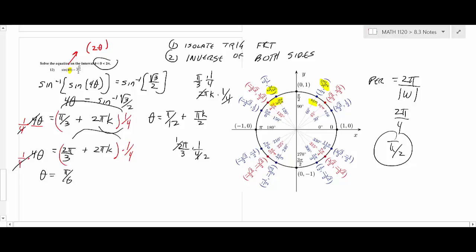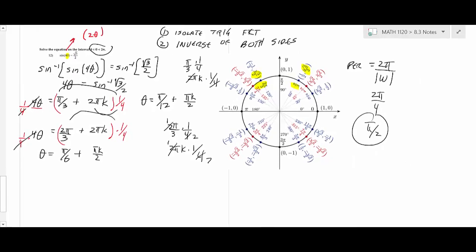You can do it on scratch paper if you want to. Same thing's going to happen here. If you do 1/4 of 2 pi k, I've already done that, but I'll do it again. That's going to give pi k over 2. So what we're going to do is get the general answer, and then we're going to get specific answers. Let me show you how to finish this up.